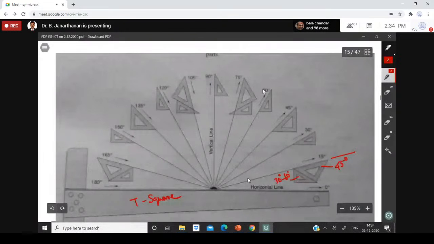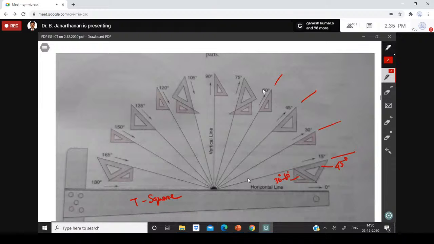And anyhow, you have this 30-60 set square, you have 30-degree angle. Then 45 you have with the 45-degree set square. Then 60 you have with this set square. Then again, if you want to make a 75-degree angle, then you can use this combination of these two set squares to make 75. So like this, you can divide with the multiples of 15 degrees.